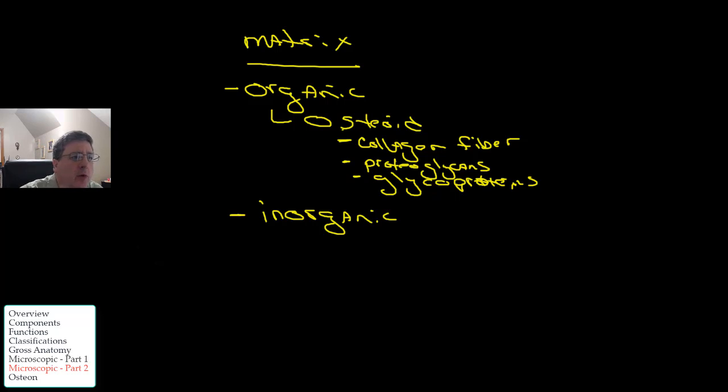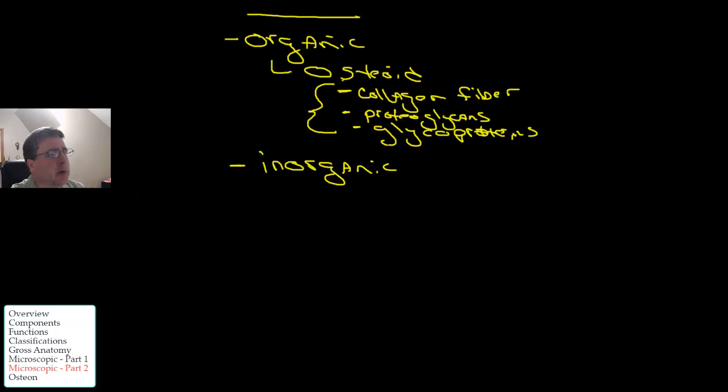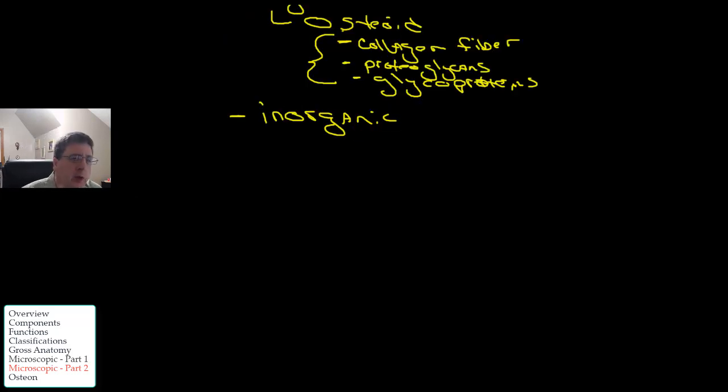And then those components here provide the tensile strength of bone, which resist stretching and twisting of the bone. Okay, so that's the organic component of bone. Let's look at the inorganic component of this one.